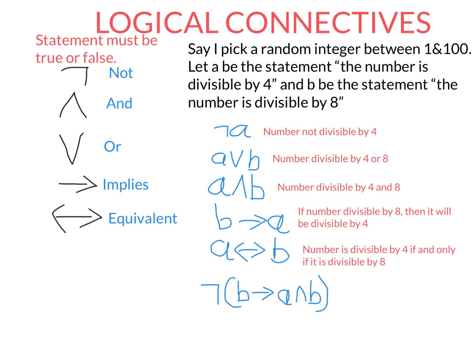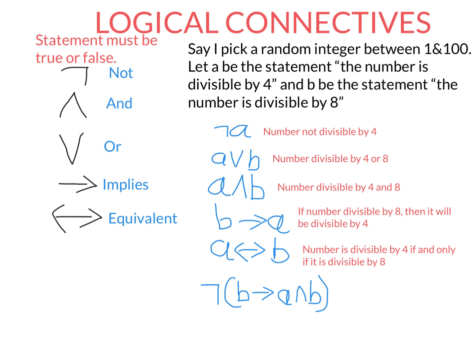For this final statement here, we have a few connectives. It says not, B implies A and B. To understand this statement, we need to note the order of these. Not would appear first, but just like when you're performing addition and multiplication, sometimes you need to change the order. That's where we have brackets.